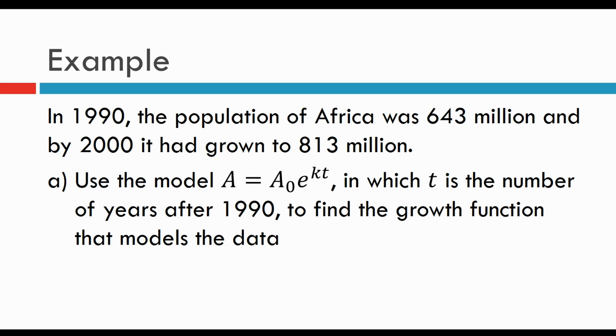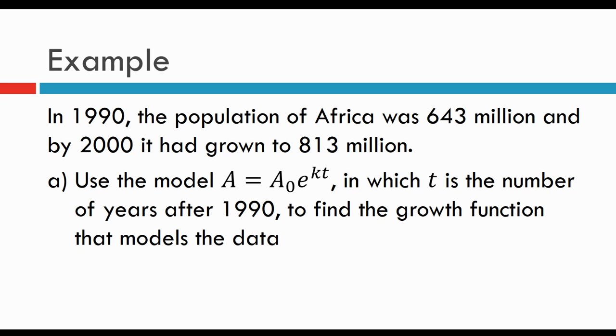So in 1990, the population of Africa was 643 million, and by 2000, it had grown to 813 million. We're going to use that model, A equals A sub 0 times e to the kt power, in which t is the number of years after 1990, and we're going to find the growth function that models the data.